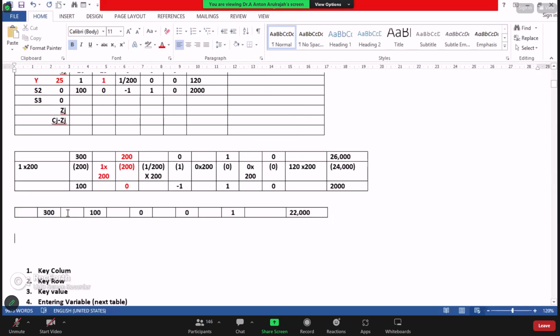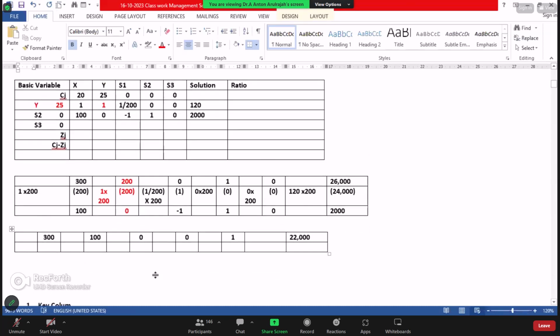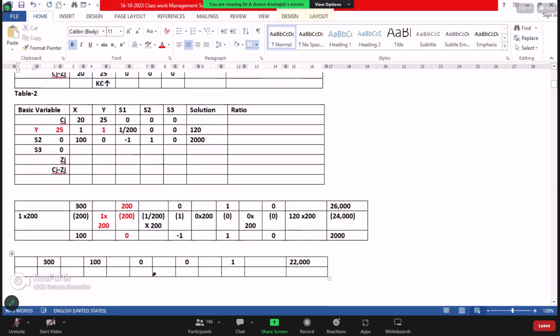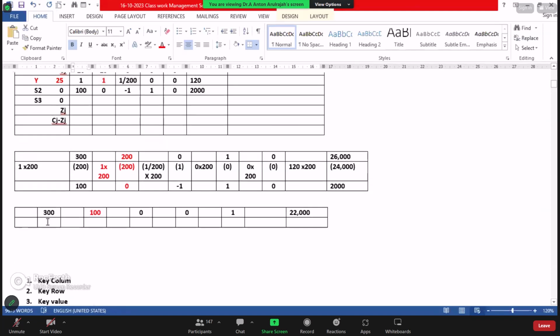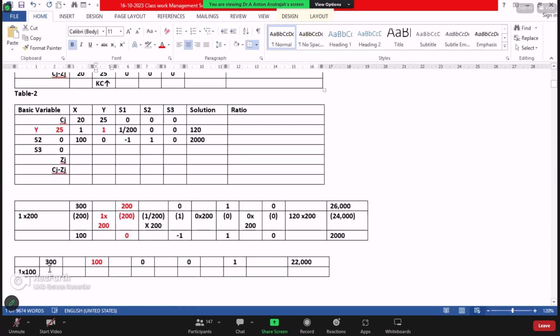In the second row, the new row, this one has to be multiplied and subtracted. So 1 has to be multiplied by 100. This 100, we have to subtract that value from the value, that is 100. Then this one has to be multiplied by 100.